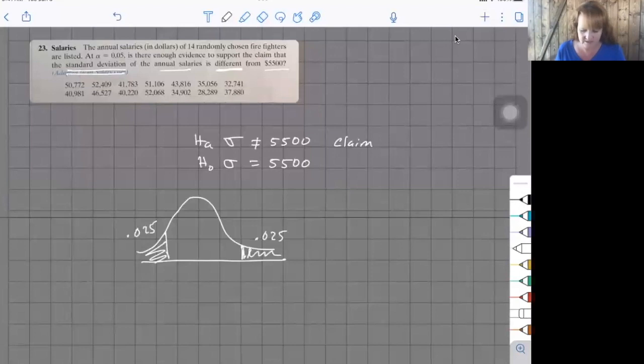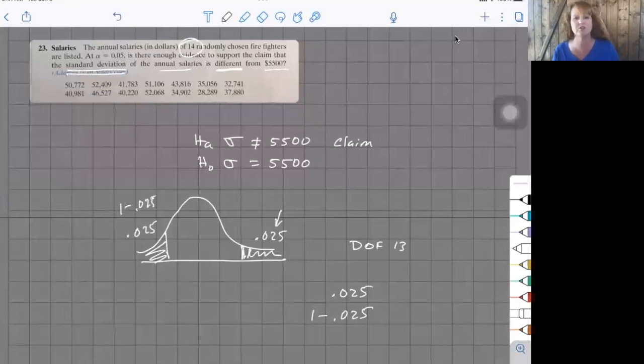So for my TI people, we're going to be looking up, let's see, we have 14 data points. So my degrees of freedom are going to be 13. And I'm looking up 0.025 and 1 minus 0.025. This one's going to be 0.025 and this one is going to be 1 minus 0.025.